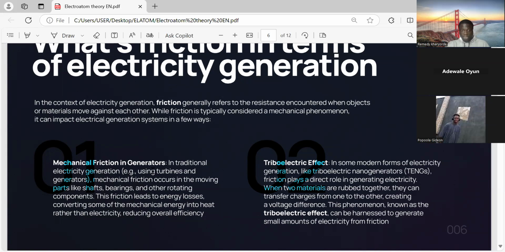And for the mechanical friction, it occurs in moving parts like the shaft, the bearing, and other rotating components. This friction leads to energy losses, converting some of the mechanical energy into heat rather than electricity.